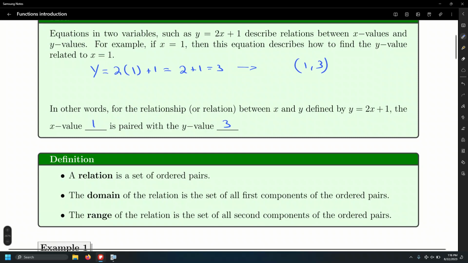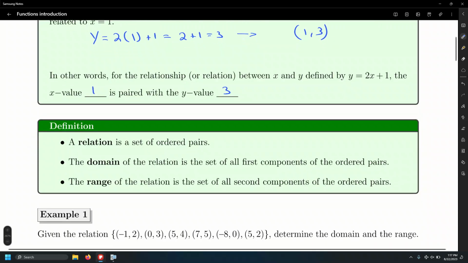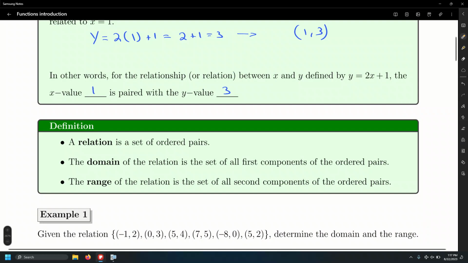Now that we have an idea of what equations do, we can look at a more generalized definition. First, we define what a relation is. A relation is simply a set of ordered pairs. That's all it is. The domain of the relation is the set of all first components of the ordered pairs, typically the x components.